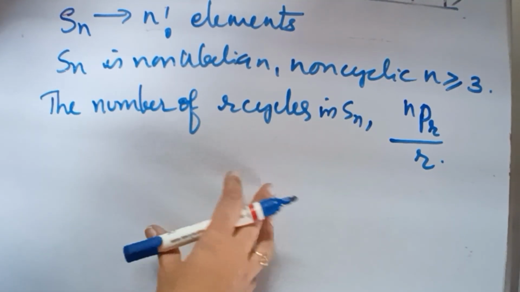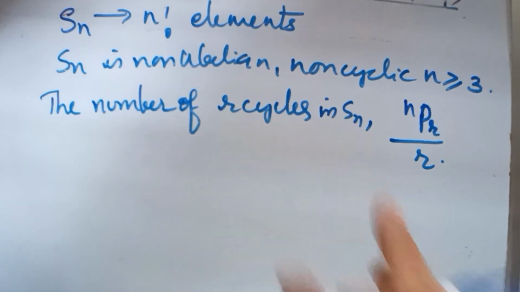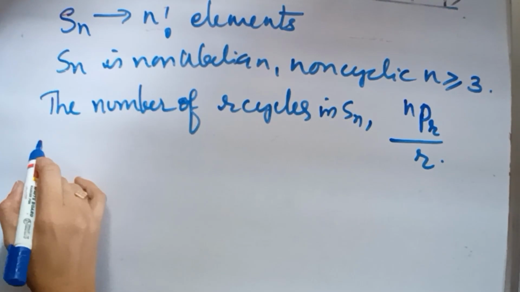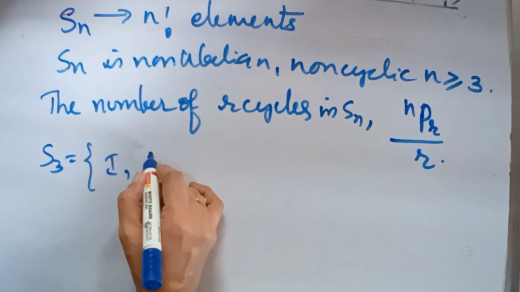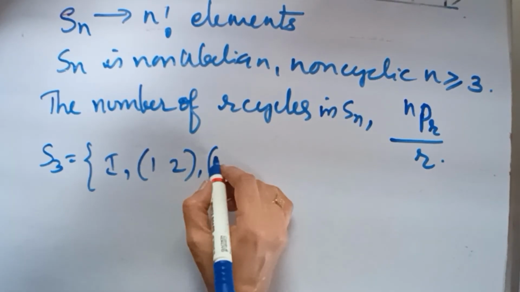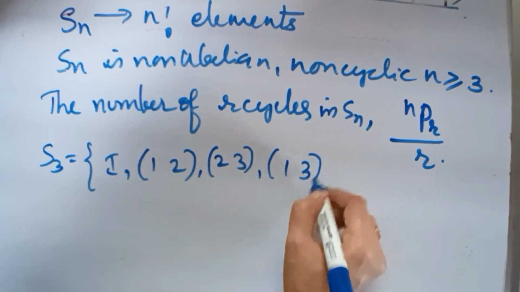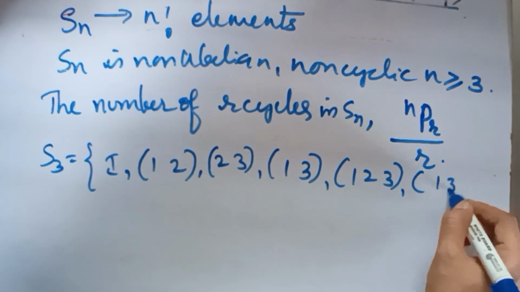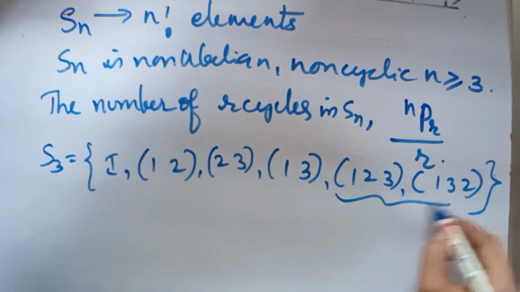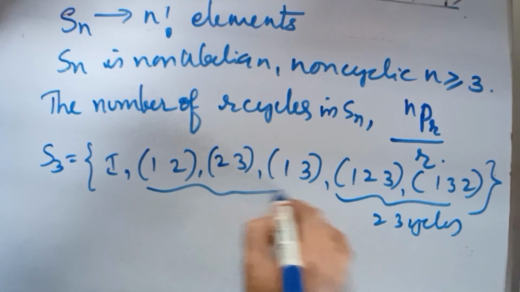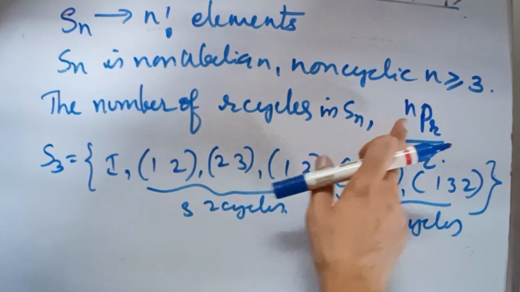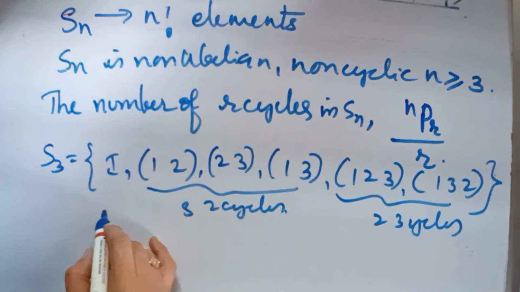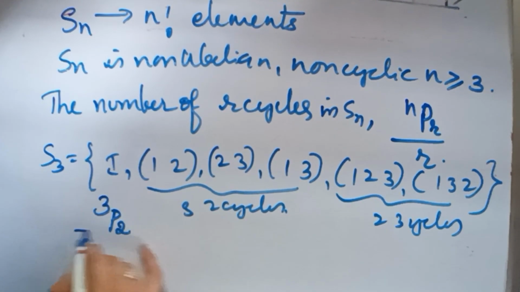As n increases, listing all the elements is difficult because Sn has n factorial elements. For up to S3 or S4 it is easy. S3 we write as I, then (1 2), (2 3), (1 3), then (1 2 3) and (1 3 2). So it has three 2-cycles and two 3-cycles. Now the number of 2-cycles in S3 as per this formula is 3P2 divided by 2.